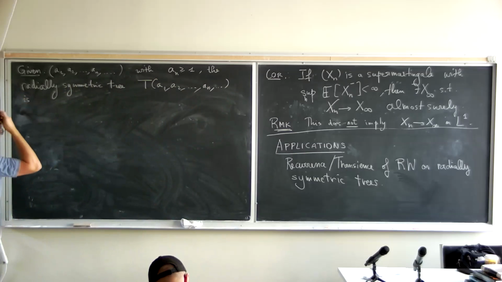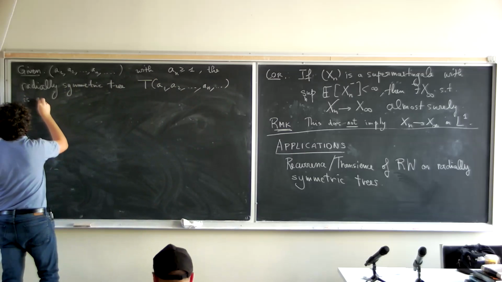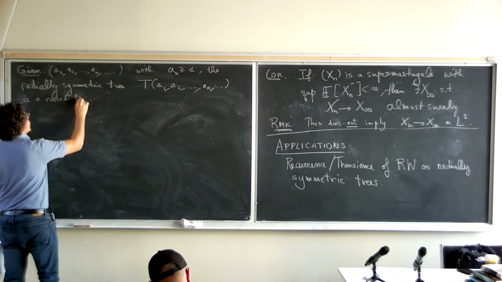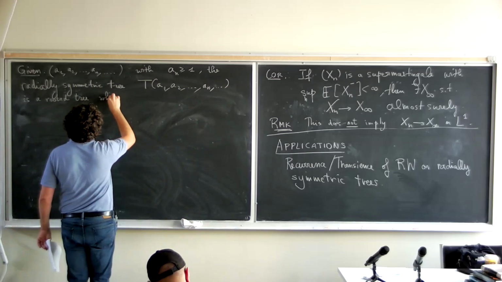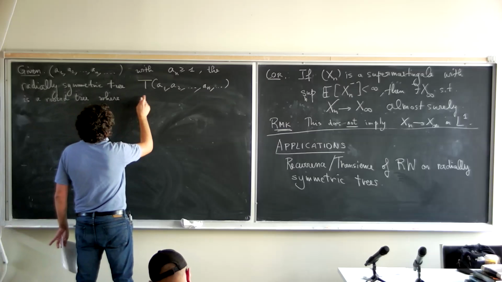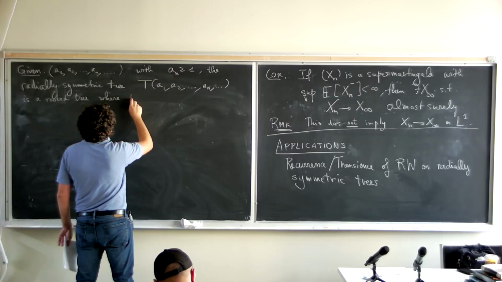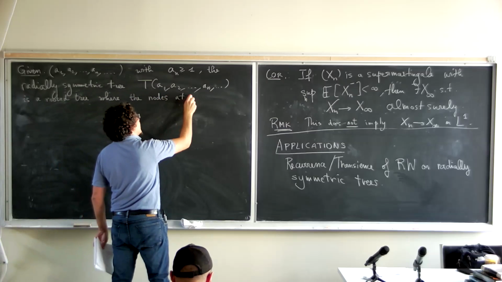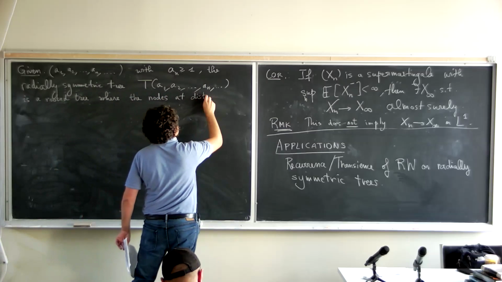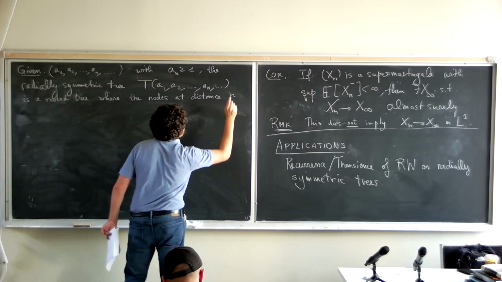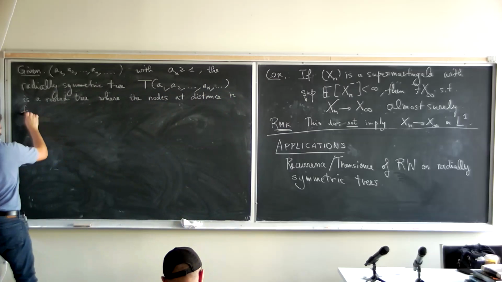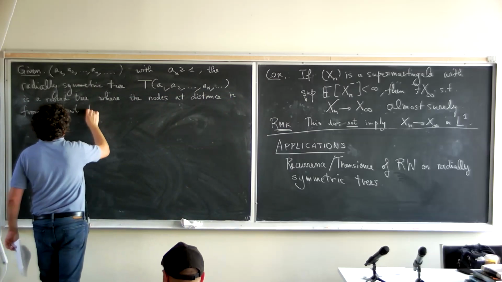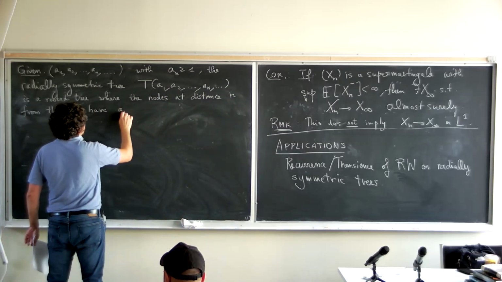Okay, so this radially symmetric tree is basically a rooted tree where the nodes at distance n from the root have an children.